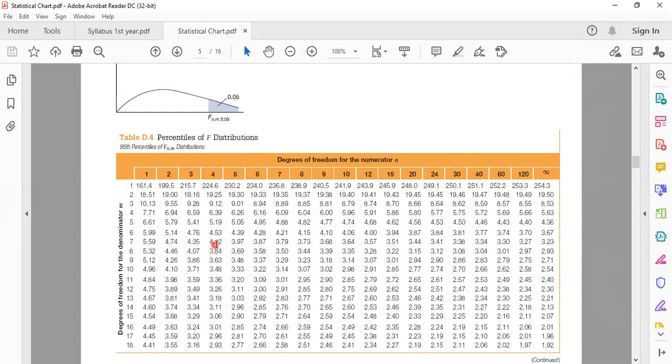If I move on like this, you will find that the value comes out as 3.68. The value at 7, 9 degrees of freedom is 3.68.